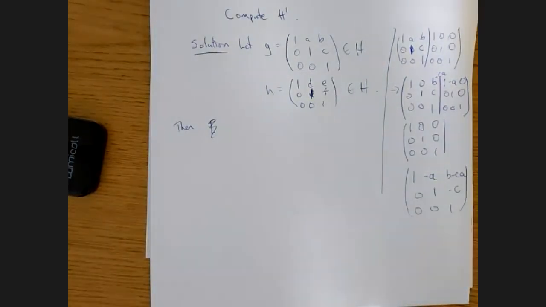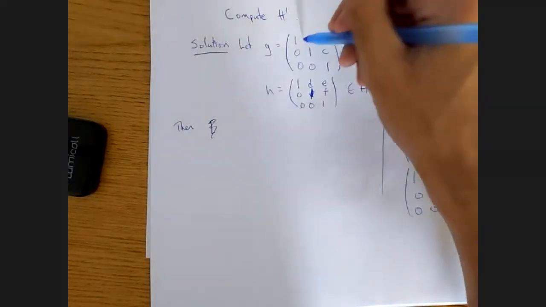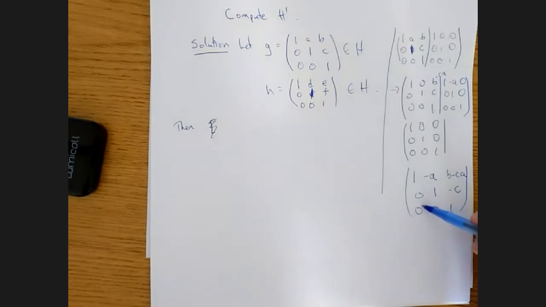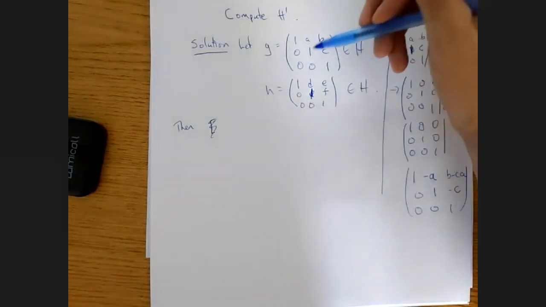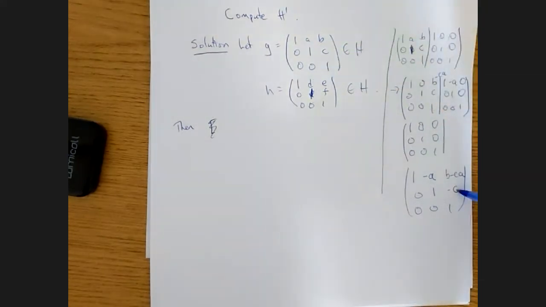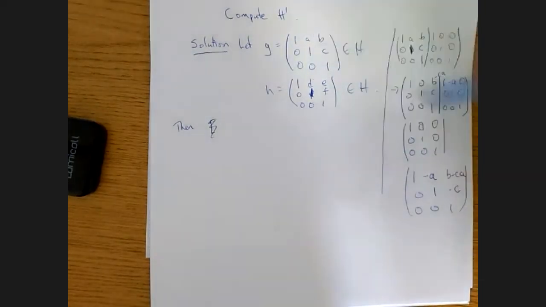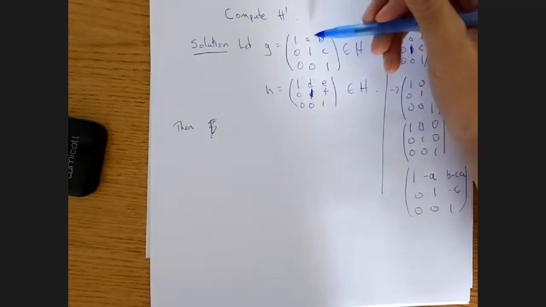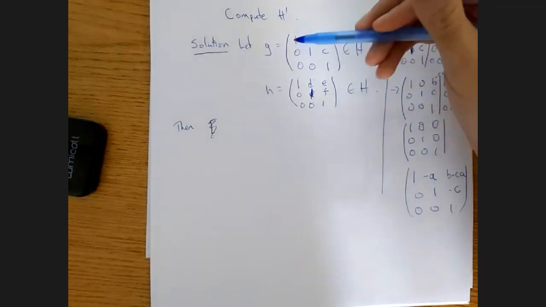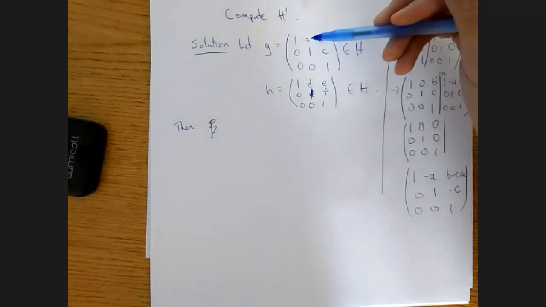As long as I didn't make any mistakes, this should be our inverse. We should check it, because maybe I did make some mistakes. If I check it, 1, 0, 0 times this matrix gives 1, 0, 0. Negative A, 1, 0 times this matrix gives 0, 1, 0. And this last column times this matrix gives me B minus CA minus CA.